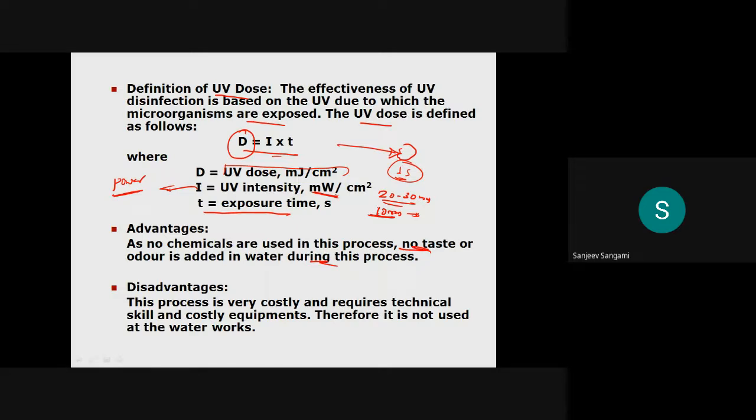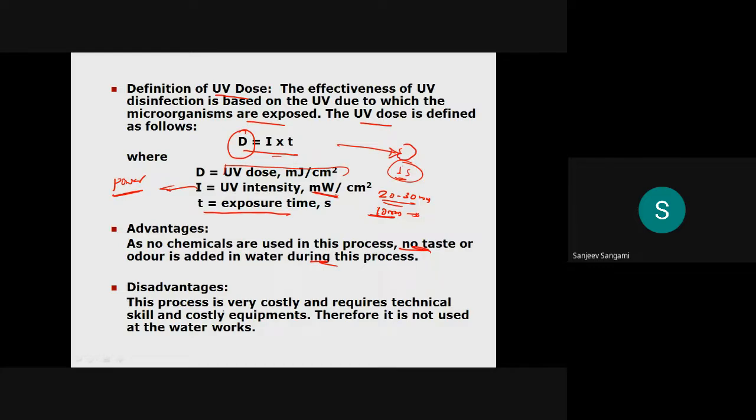UV disinfection is effective only if the water has its natural color. As we discussed in the previous discussions, if turbid water is there, or if you added any color to the water, then it is very difficult to apply the UV disinfection process.